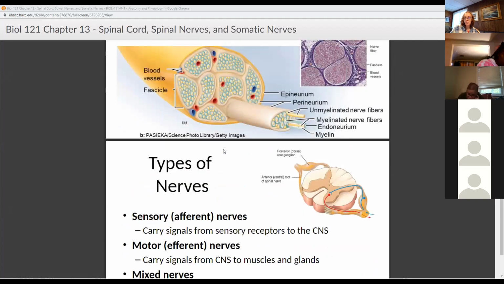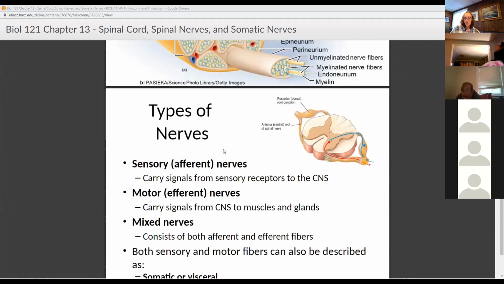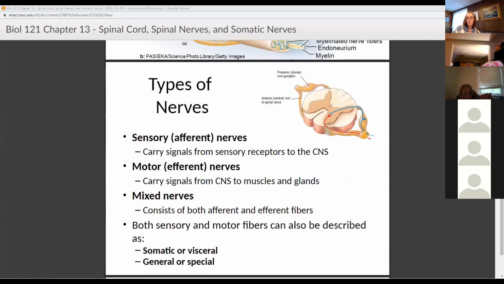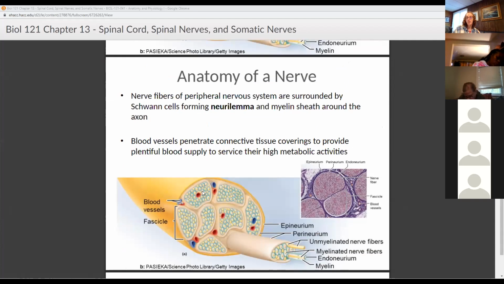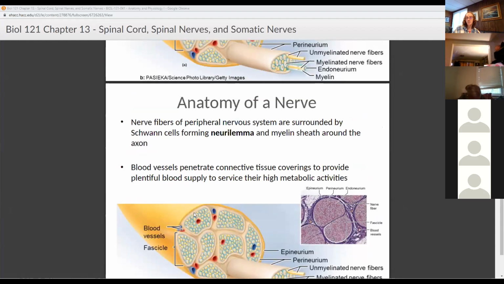So we have different types of nerves. We have sensory afferent nerves, which carry signals from the sensory receptors into the central nervous system. We have motor efferent nerves that carry signals from the central nervous system to muscles and glands. And we have mixed nerves that are bundles of both sensory and motor fibers.